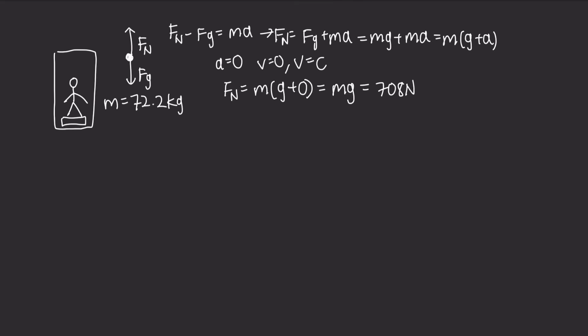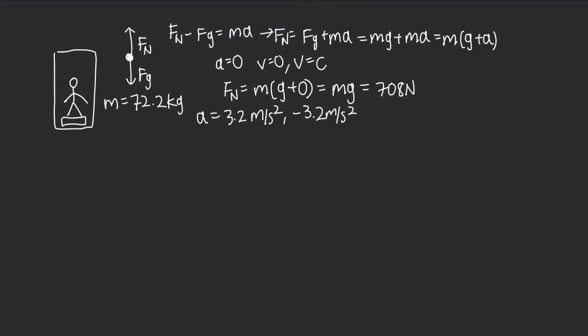So now, what if the elevator is accelerating upward at 3.2 meters per second squared? And what if it's accelerating downward at 3.2 meters per second squared?